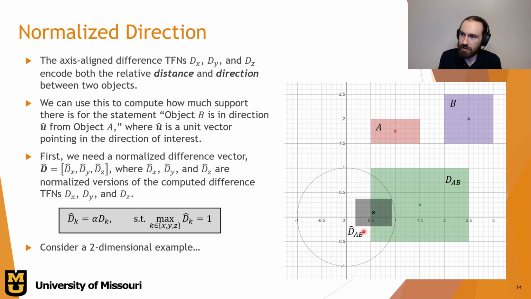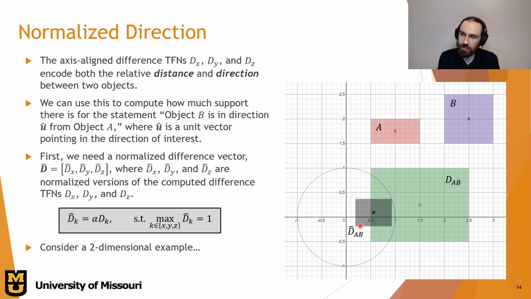And so this represents the minimum distance in x, which would be 0.5. You can see here is 0.5 here. The maximum distance would be 2.5 from the minimum to the maximum. And we end up with this vector DAB that represents the difference between these 2 objects.